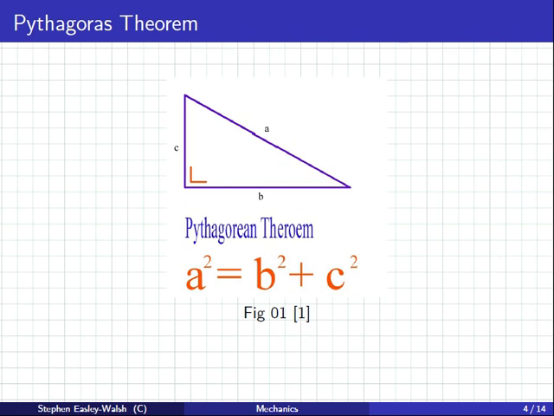A squared equals B squared plus C squared. I think in most languages it's still Pythagoras, except for Chinese, where it's something different. What's this called in Chinese? But in Arabic it's Pythagoras, isn't it? Yeah, same thing.